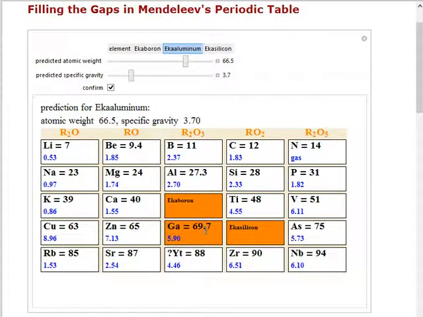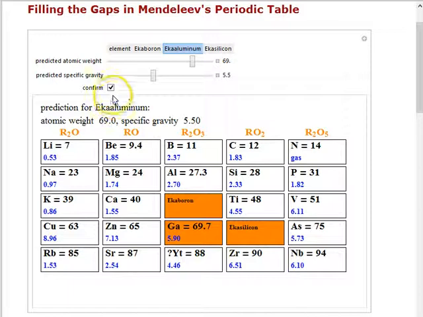Just one moment, guys. 5.53. Okay. Sounds good. I'm going to go ahead and make it 5.5. Here you go. And the weight you guys said was 69, right?